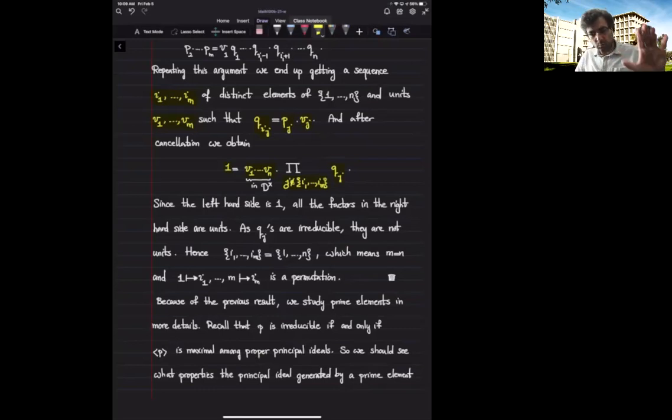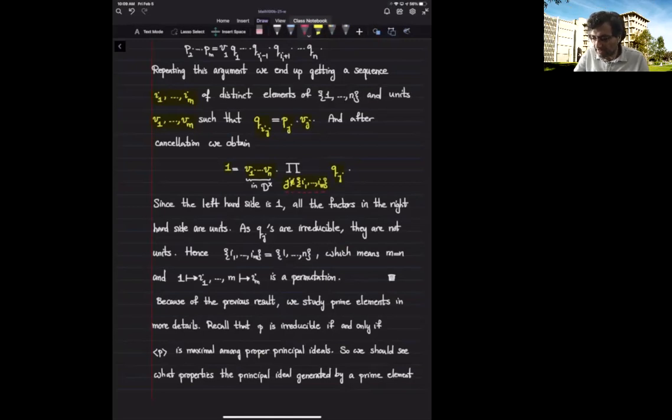So you see, on the left-hand side, we have 1. This means all the factors on the right-hand side are units, because we can multiply them by something and end up getting 1. But an irreducible element is never a unit. So this means that this set of indices should be empty. None of these q sub j's should survive this process, as otherwise q sub j would be a unit.